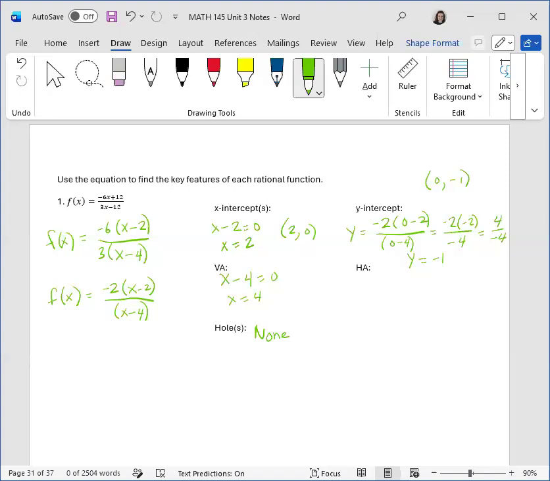So the degree of the numerator would just be 1. The degree refers to the exponent, the highest exponent that's used. And so since we have negative 6x plus 12, the degree of the numerator would be 1. Notice that the degree of the denominator is still 1, 3 times x to the first power minus 12. So 1 is the degree of the denominator.